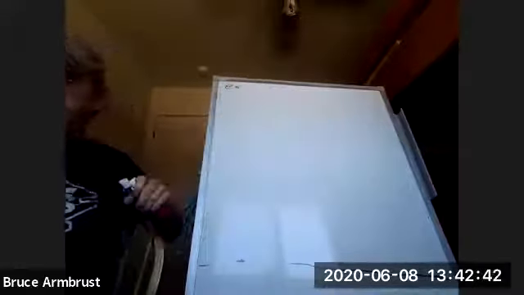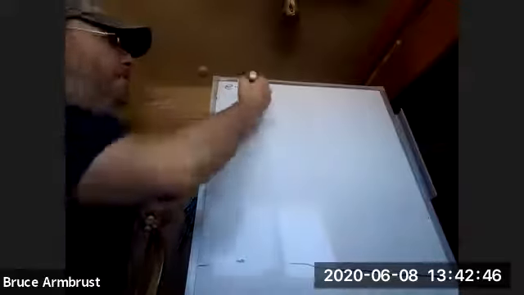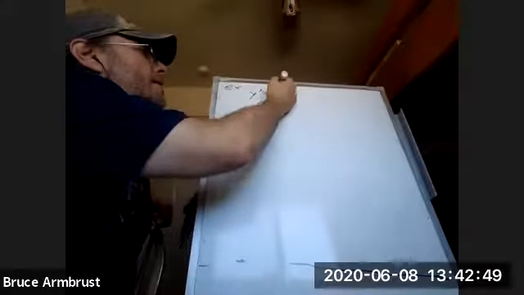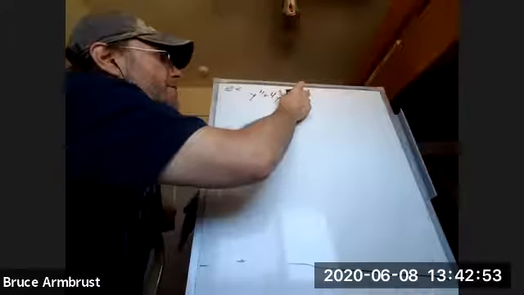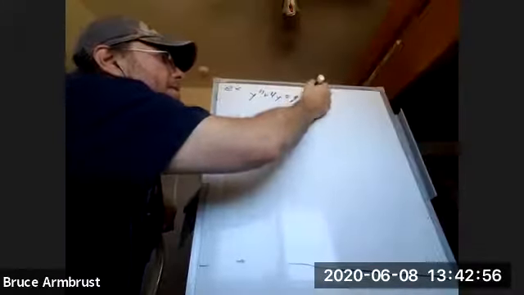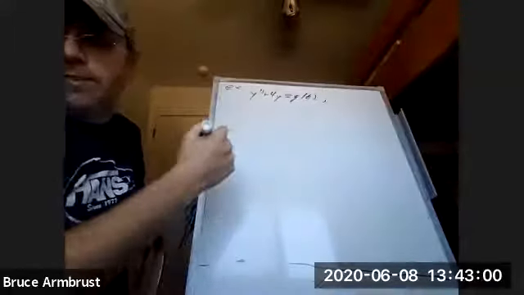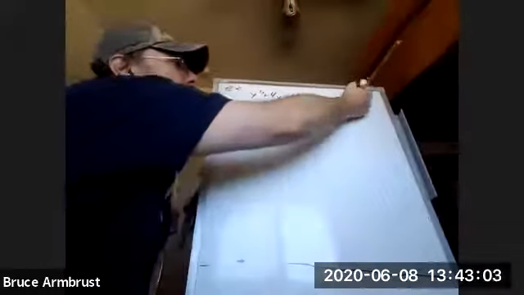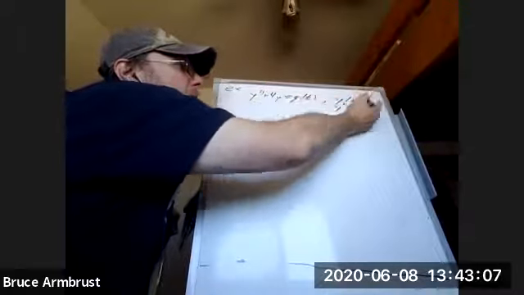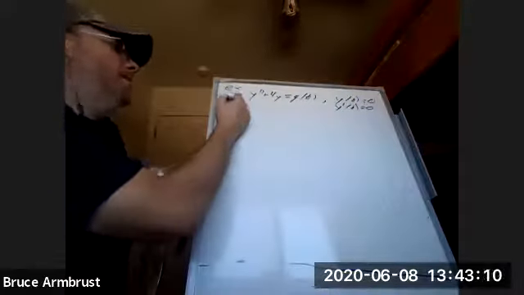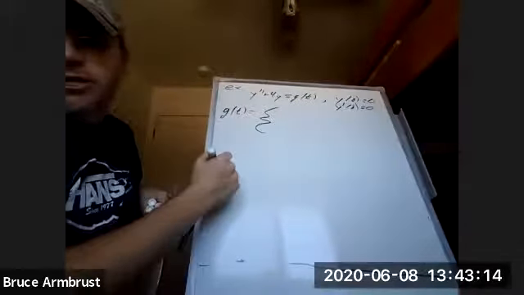Let's say that we've got the differential equation y double prime plus 4y equals, and I'm just going to call it g of t. I'll tell you what g of t is in a second. But we're also going to make it an initial value problem. So let's just say y of 0 is 0, and y prime of 0 is equal to 0. G is going to be a piecewise defined function.